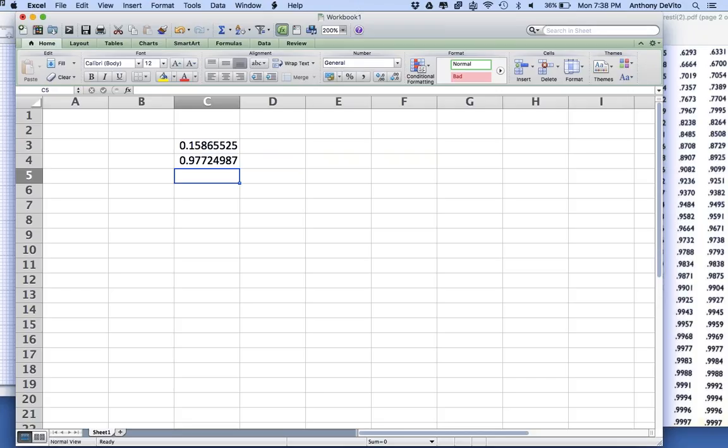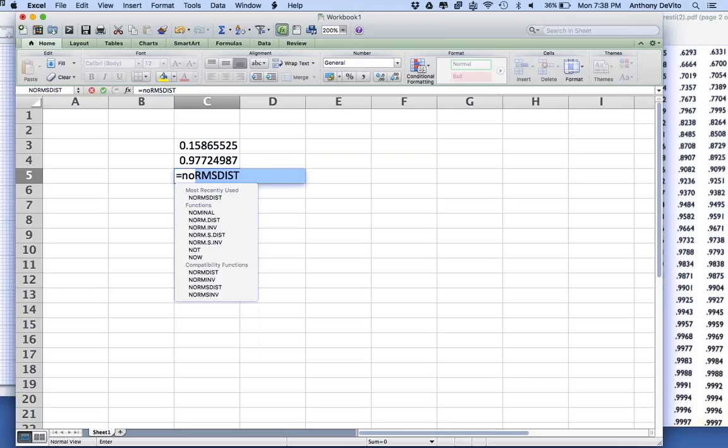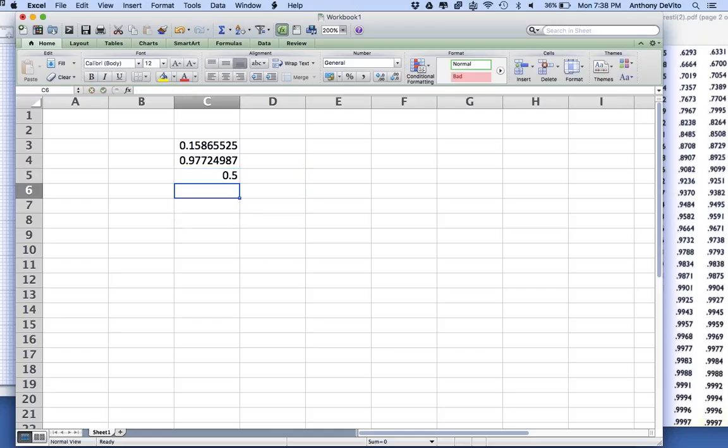Okay, if I put in 0 equals NORM.S.DIST, what do you expect me to get? 0, z-score 0 is the mean. So I get 50%. Okay, so now there's another function here, NORM.DIST, not standard distribution, but NORM.DIST.